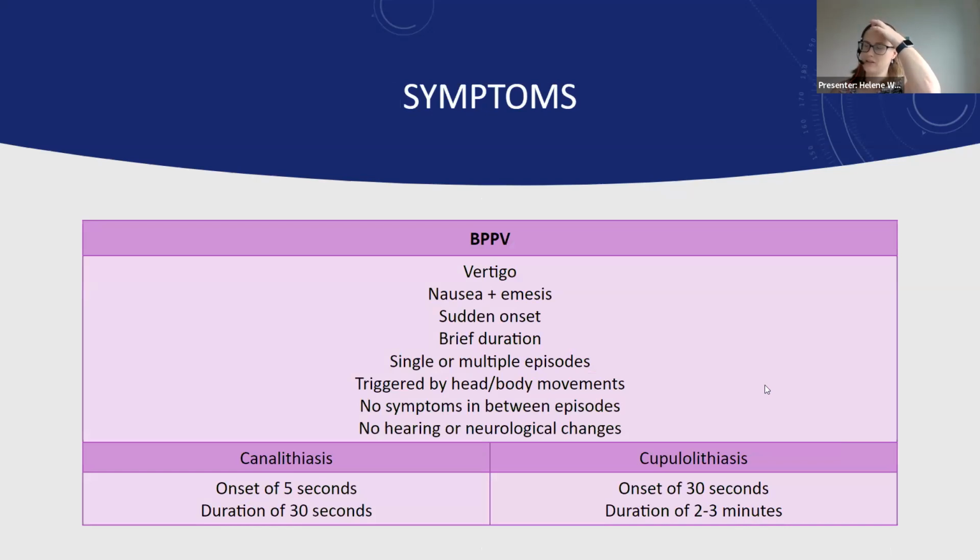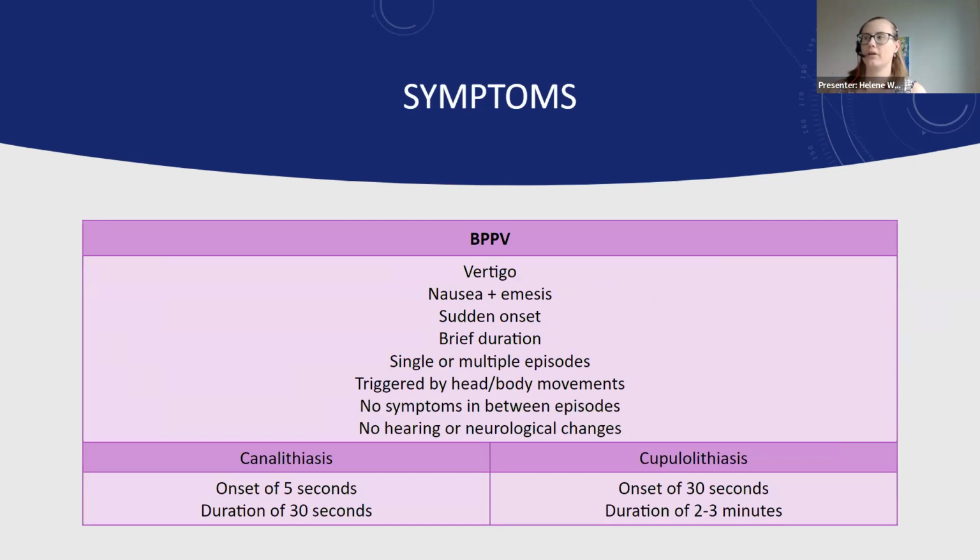So as I briefly touched on, the main symptom that people report is vertigo. Sometimes it's accompanied by nausea and vomiting, but generally episodes are very brief. They happen very suddenly. And the big one that distinguishes this from other vestibular conditions is that it seems to be triggered by changes in position.